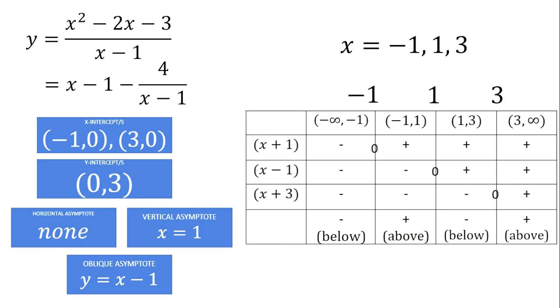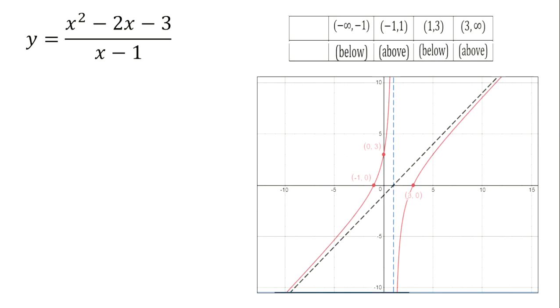Now let's try to graph. As you can see here, we have the oblique asymptote y equals x minus 1. And then our vertical asymptote, that's x equals 1. And then our intercepts here: (0, 3), (-1, 0), and (3, 0).